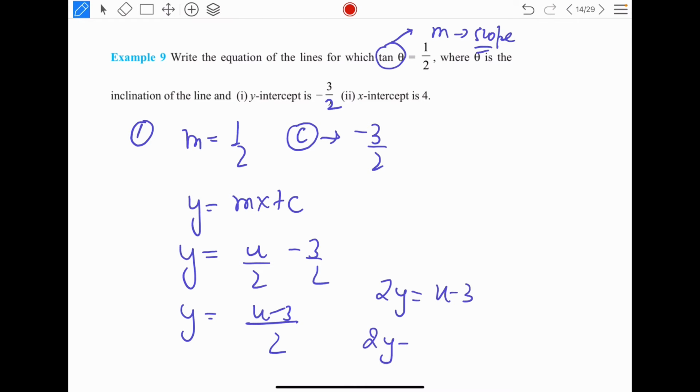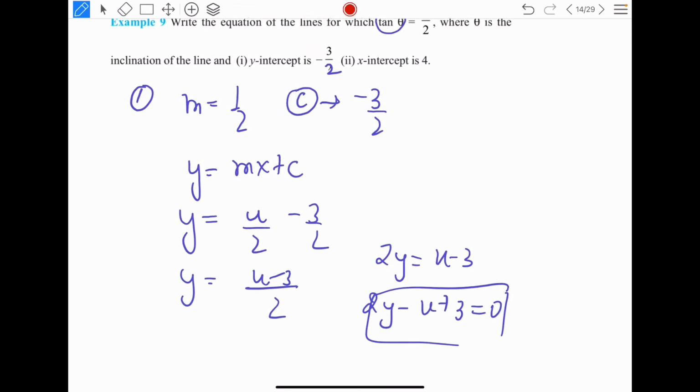So 2y minus x plus 3 is equal to 0. Again, I repeat the same thing, ax plus by plus c equal to 0. Whether you start with any form, in the end you have to bring it to the form of ax plus by plus c is equal to 0. Now y is equal to mx plus c, where tan theta is the slope which is given to us, m, and c is the y-intercept which is given to us.